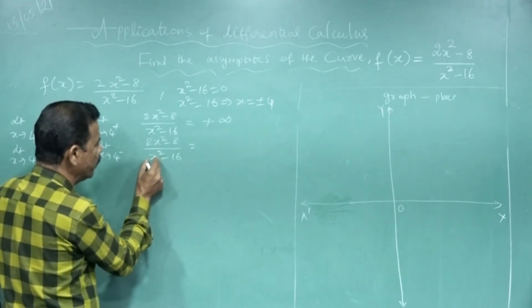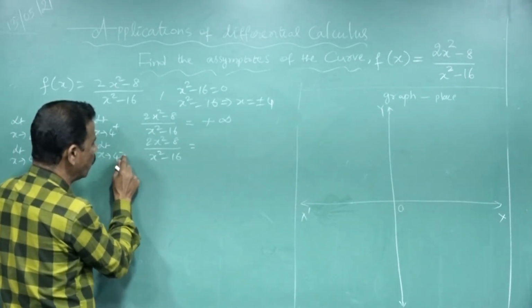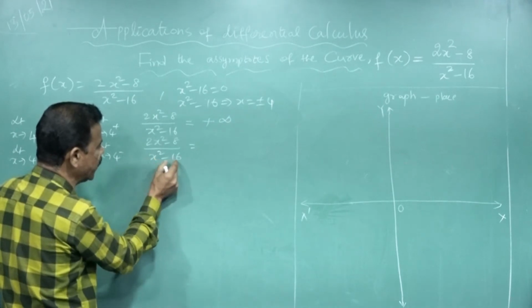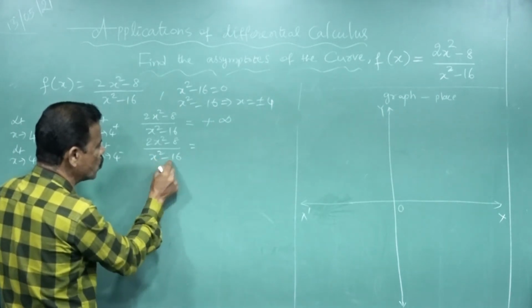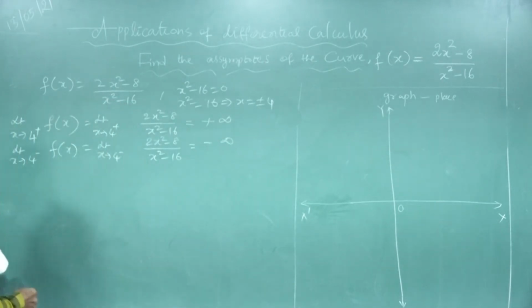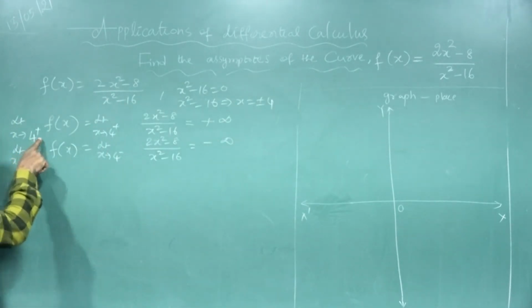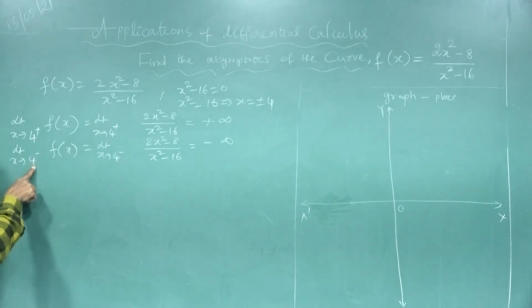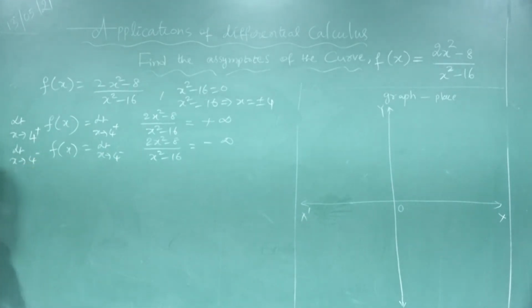So x² is somewhat less than 16, so the denominator is negative, and it is minus infinity. So at x = 4 plus we get plus infinity, and at x = 4 minus we get minus infinity.